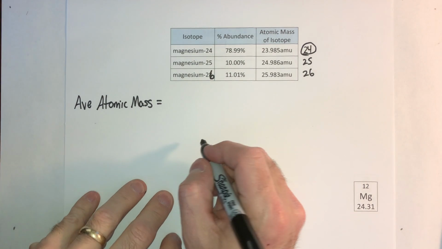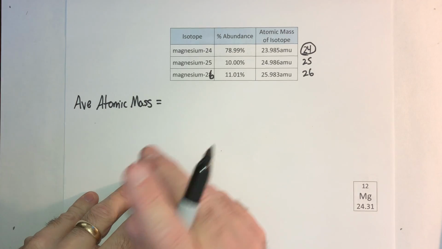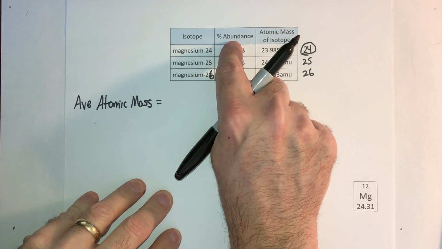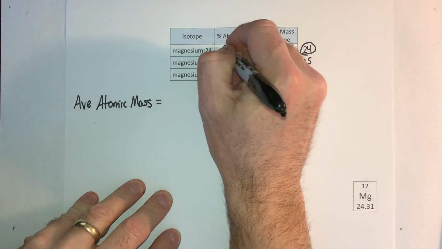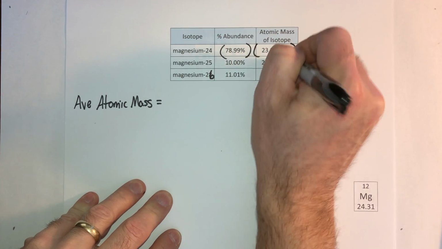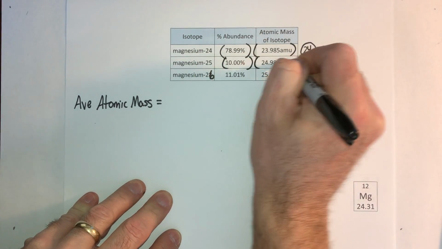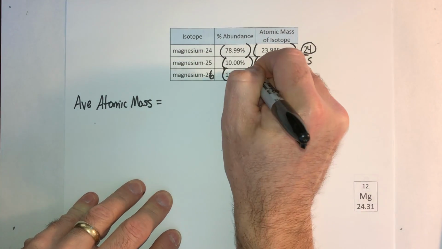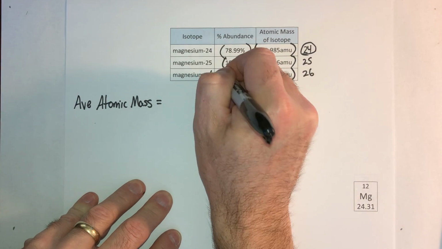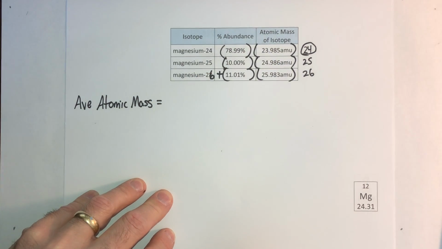Okay, so let's do the actual calculation. The formula said, take the abundance and multiply it by the mass. So abundance times mass, abundance times mass, abundance times mass, and then add them all up.